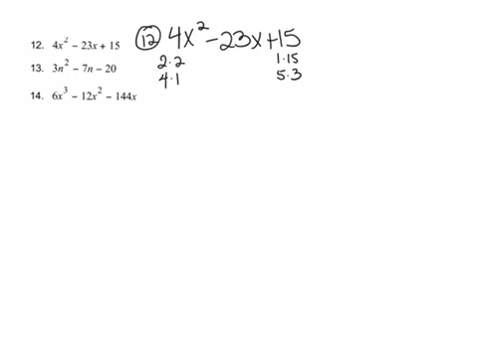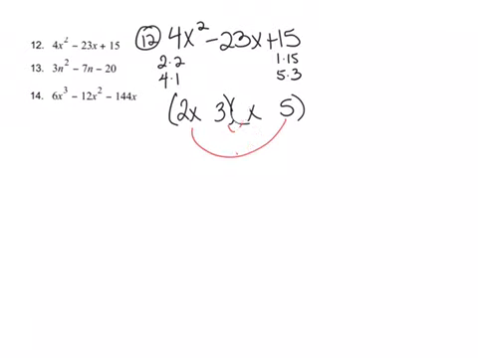I realized we've had a lot of 15s on this worksheet. So let's start with 2x and 2x. And let's try 5 and 3. Our goal is to get 23. So we get our outside is 10x, our inside is 6x. That's not going to work.